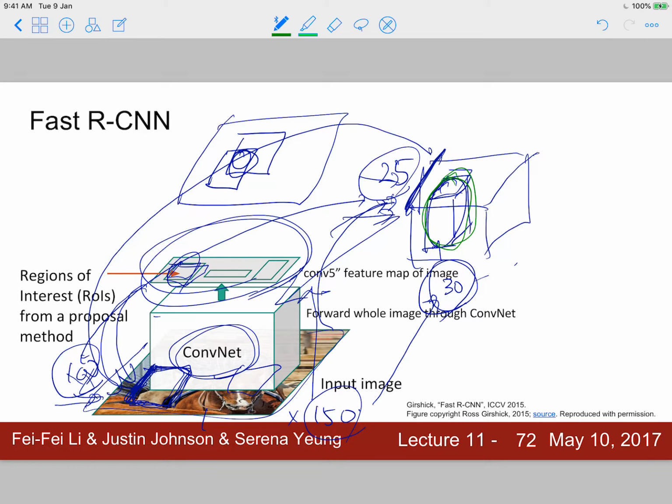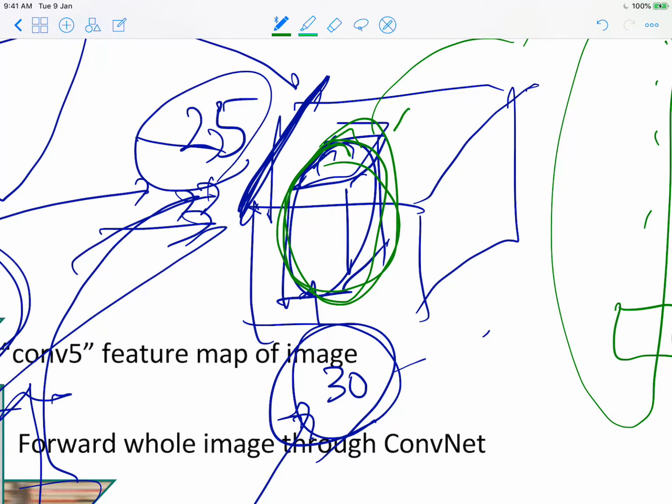In that case, this is all rearranged into a single vector. Our fully connected layer will take as input just a reshaped one-dimensional vector of that activation map. So do we need this ROI pooling? For a different image size, it will give us a different size of activation map, right?